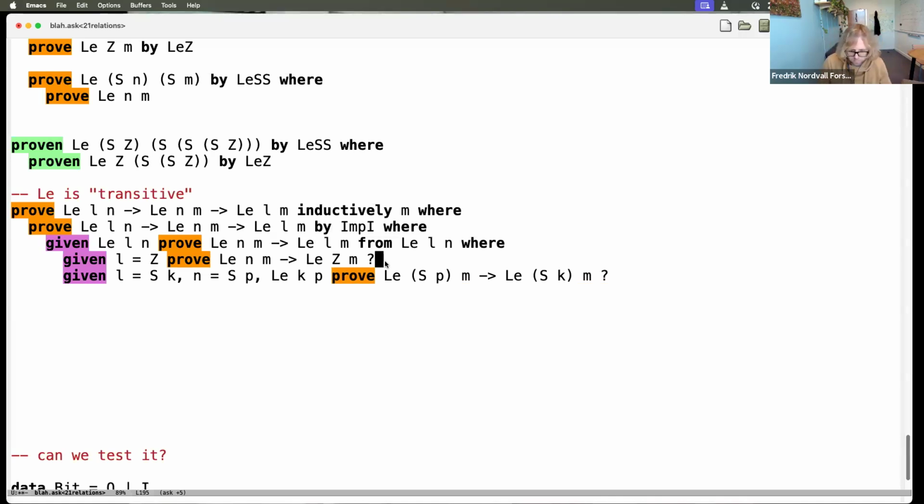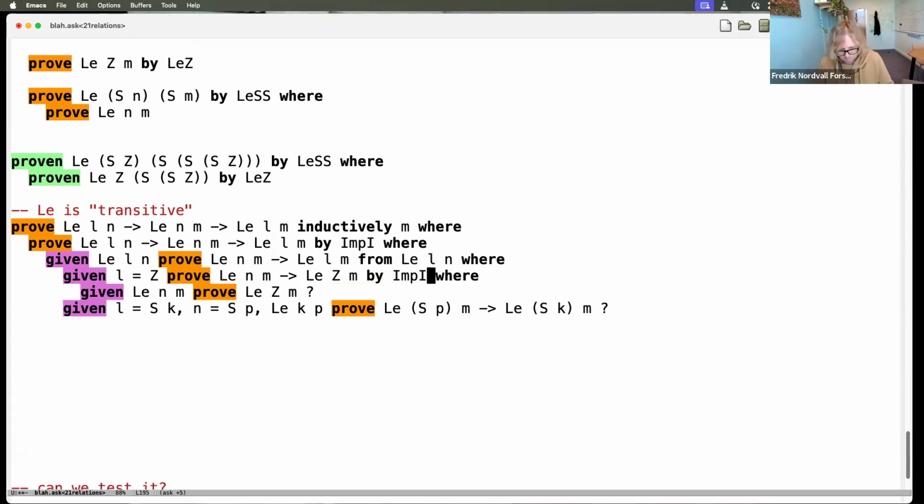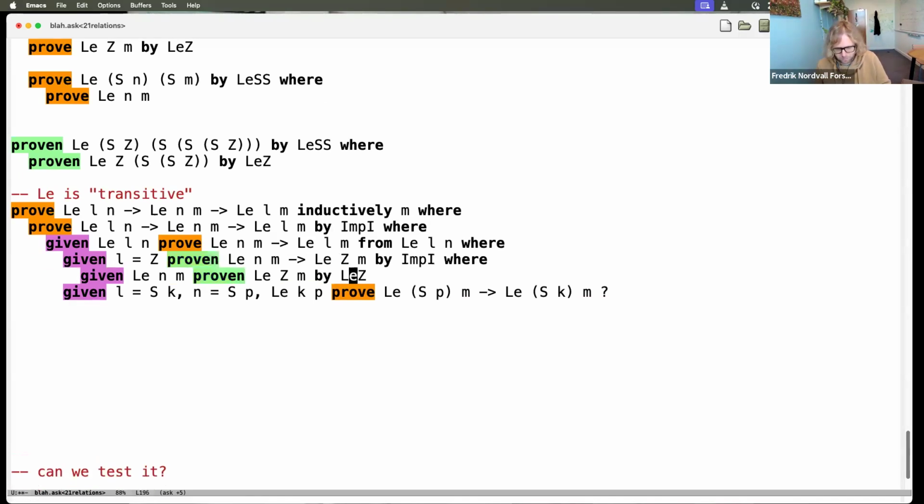We can just race to the finish line on that one. We do implication introduction away. Again, the fact that n is less than or equal to m isn't terribly interesting. We're home. We know that we're trying to prove that 0 is less than or equal to something, and that's true by Les.